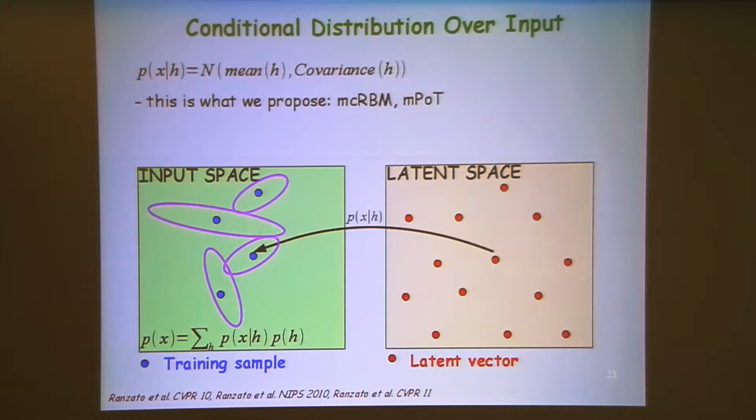Now, in the previous talk, Russ mentioned that you can interpret these models in terms of their marginal distribution as a mixture of Gaussians that have an exponential number of components. This is yet another example where you write P of x as the marginal over the latent variables of P of x given h, which for us is a multivariate Gaussian distribution with mean and covariance that depend on latent variables, times a prior over h that is actually pretty tricky to write down.